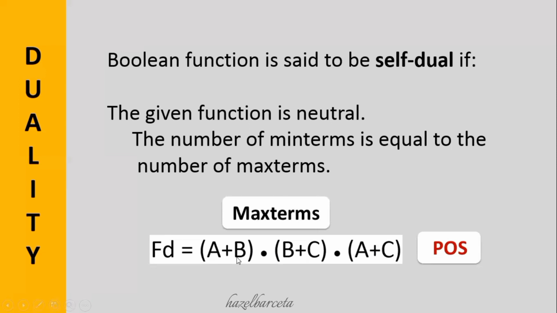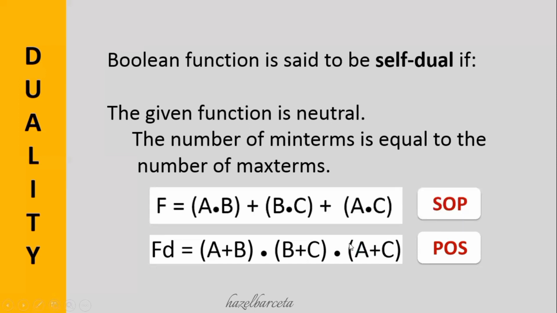Tandaan po natin na kapag naka-plus, max term po yan, which is under POS. So, ilan po ang ating max terms? 1, 2, 3. Therefore, equal po ang ating mean terms at max terms. That is why self-dual po ang ating given function.